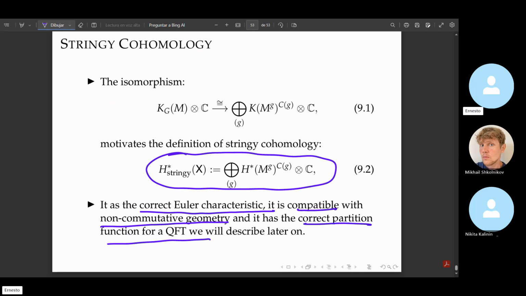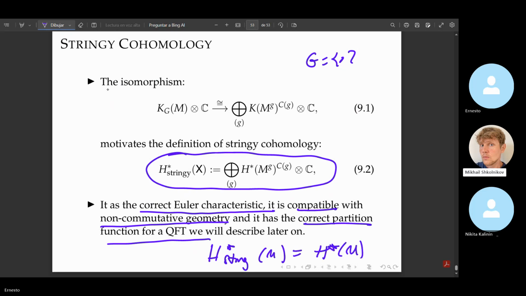Notice though that if G is trivial, H stringy of M is H of M. But if M is trivial, then H stringy of point mod G is Hochschild of G.